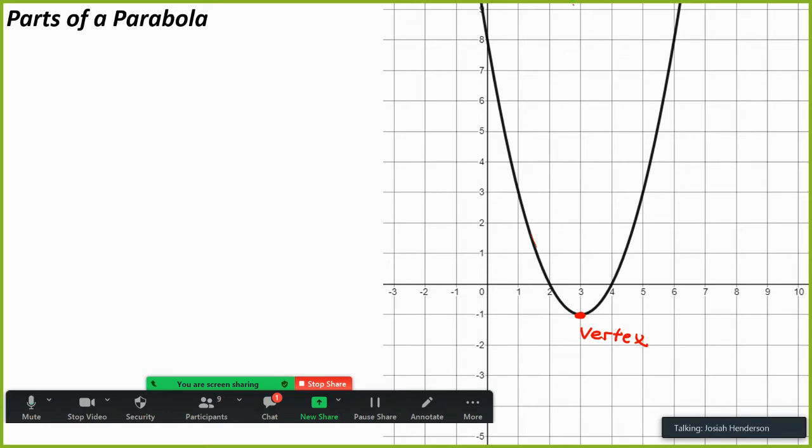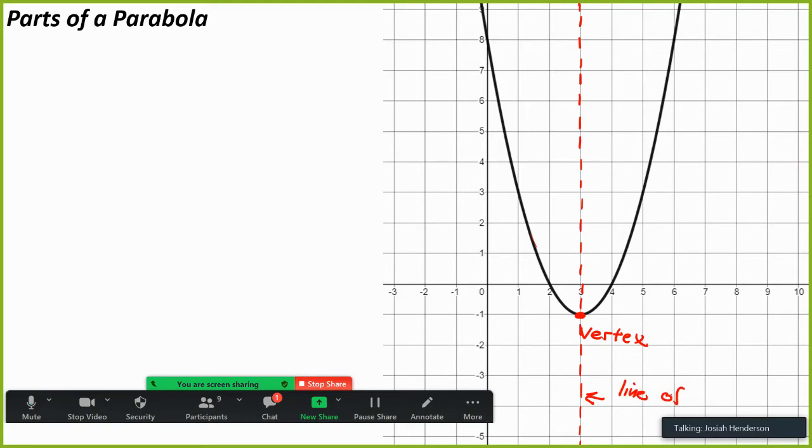Okay, now let's talk about that middle line before we do any other points. It's not in my picture, is it? There's no dashed line. I'm going to put it in again, like I've asked you to do. It always goes straight through the vertex, cutting the parabola into two halves. This is called the line of symmetry, or maybe the axis of symmetry.